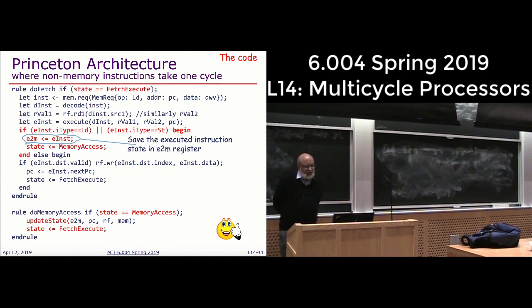We had this do fetch rule, and in this case we were fetching the instruction, etc., from the register file. We are executing the instruction, and we'll be done unless it's a load or store instruction. Therefore, I put a check here. If it's a load or store instruction, then what do we do?